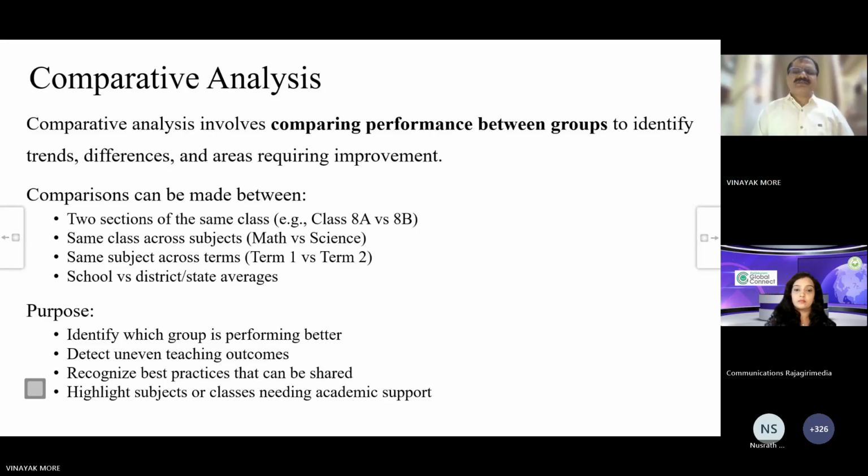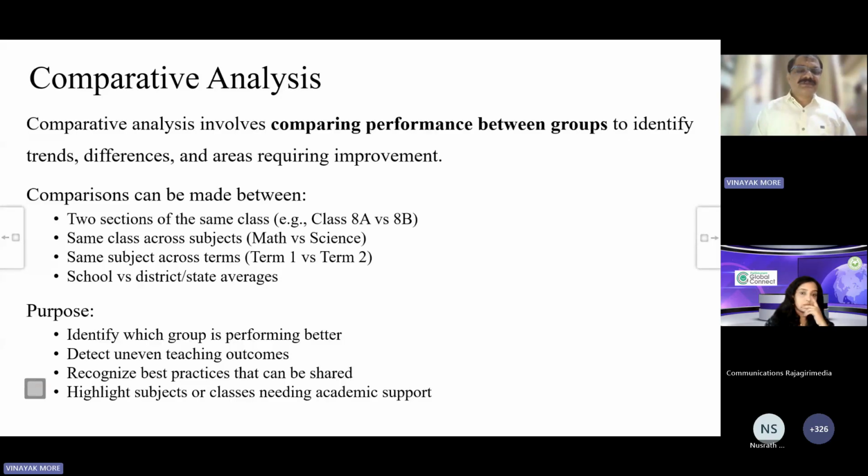In what situations can we do it? For example, you want to compare two classes, like division A and division B of standard 8, or the same class for two subjects, or the same subject and same class for two different exams, maybe a formative unit test and a term exam, or first term and second term. Basically, if you want to compare two things, you can do it.